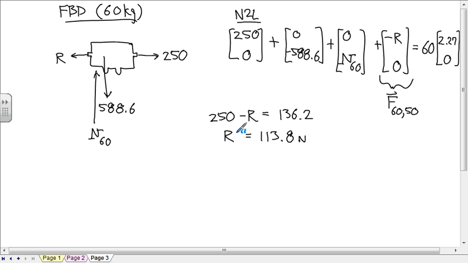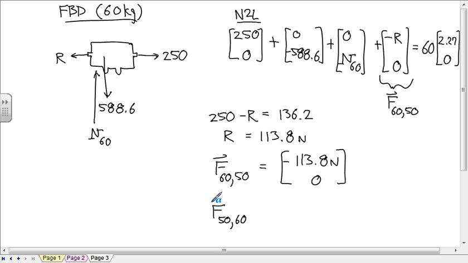Now plug that variable value into the vector and you get that the force vector on 60 by 50 is equal to negative 113.80. And so Newton's third law says the force on the 50 by the 60 is positive 113.80.